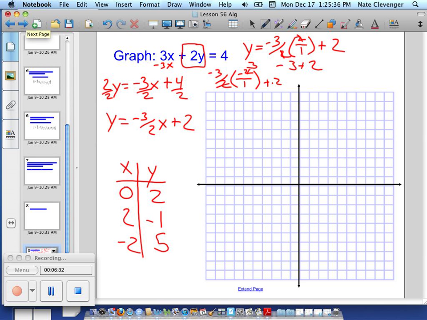Then plot these ordered pairs: 0, 2. 2, negative 1. Negative 2, 5. And hopefully those line up to give you a line. And it sort of looks like it.